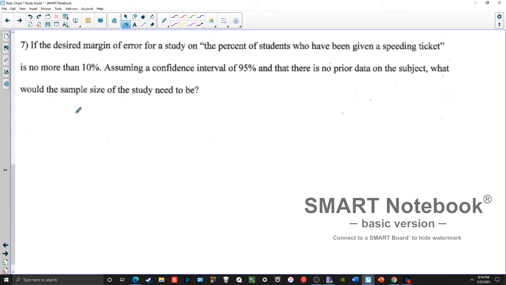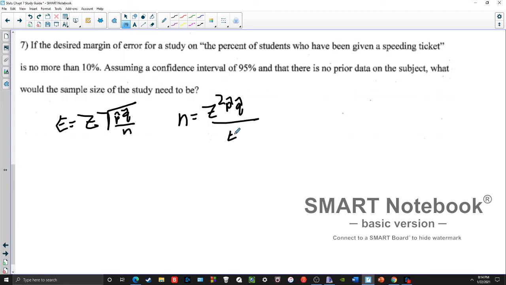So once again, the base formula is E equals, for a percentage, Z times root of P hat Q hat over N. If we solve this through, we should get N equals Z squared times P hat times Q hat over E squared. And I'm pretty sure that I got that one right.